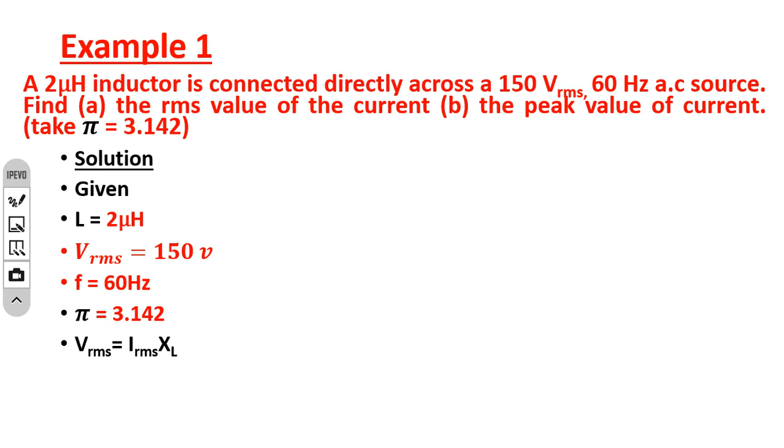When we make the root mean square current the subject, we are going to consider the value of root mean square voltage, and the value of the inductance as well. Okay, so let's see. This is the expression XL equals 2 pi FL.